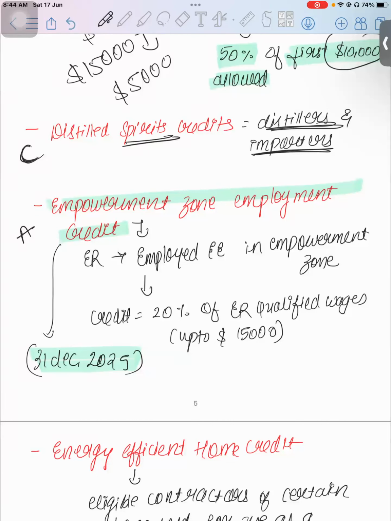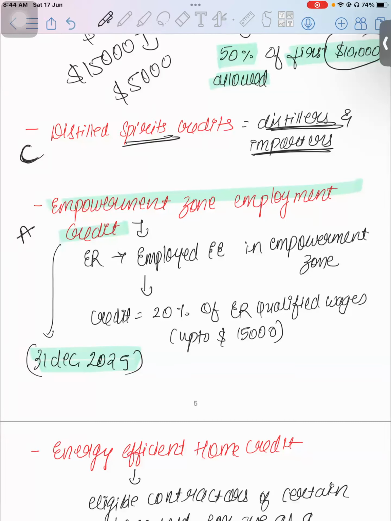If the employer is employing people in the empowerment zone, just like in India, there are some special economic zones, right? SEZ, this type of zones are there where they get some different credits, right? Same way over there, there are some empowerment zones which are listed by the government.